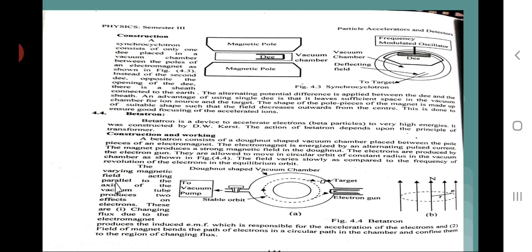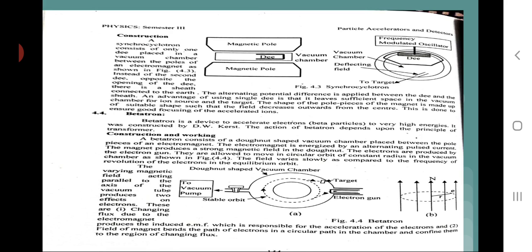Now consider construction of synchrocyclotron. These two are magnetic poles and here is vacuum. Instead of two D's, here we use one D like this. This is a single D. In cyclotron, we use two D's.